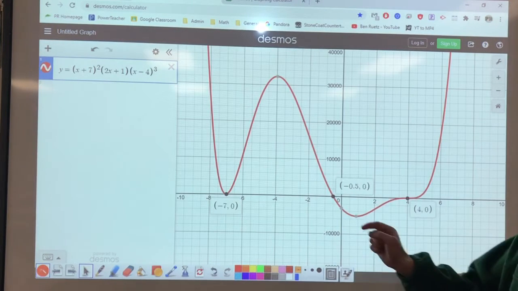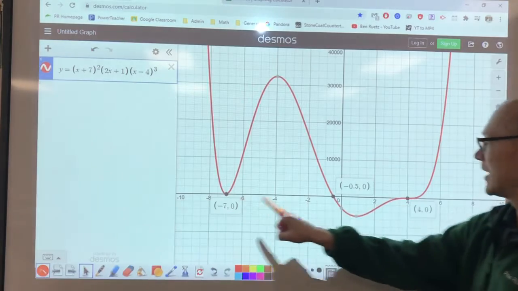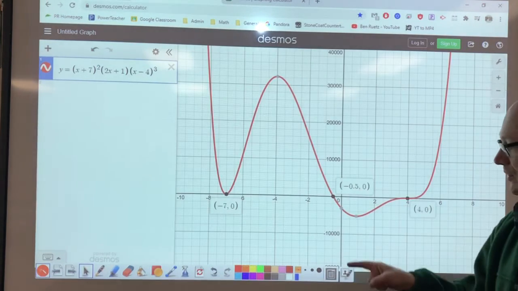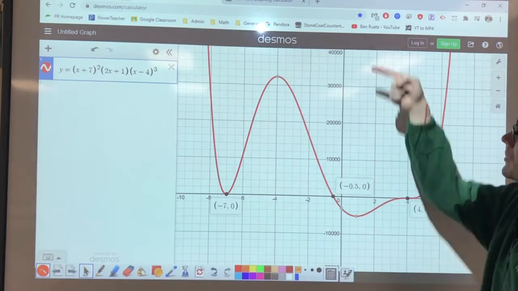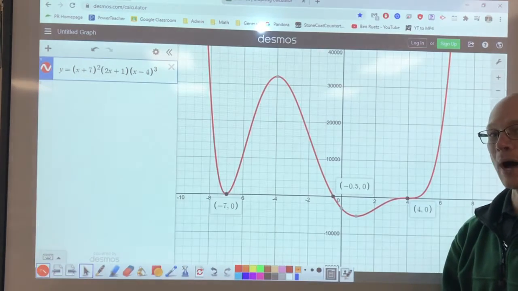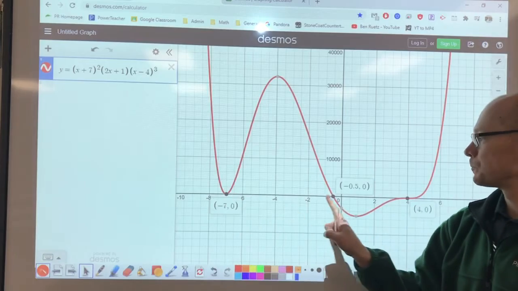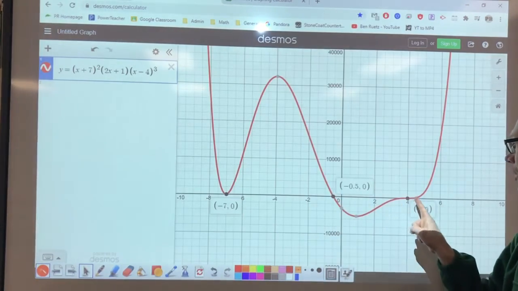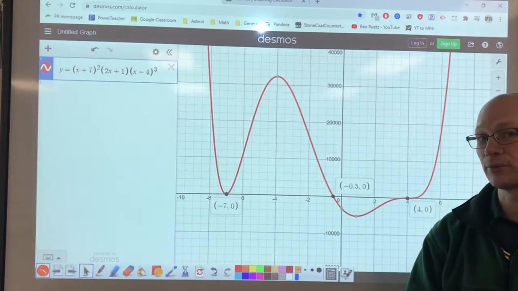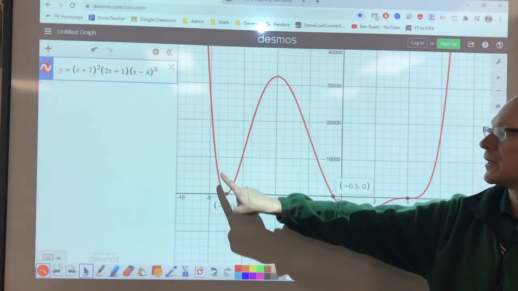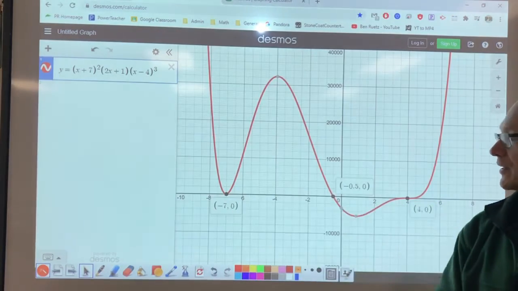You notice the scale is pretty wacky. It goes from -10 to +10 in the x-axis, but -20,000 to 40,000 in the y-axis. So I played with it a little bit. But you can see that there is 1, 2, 3 zeros, just 3. But this one touches the x-axis.